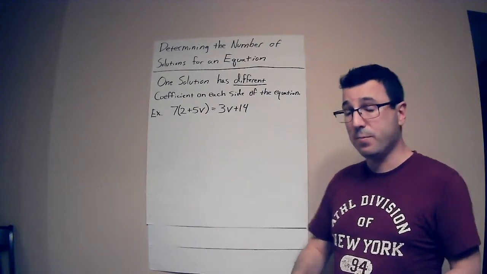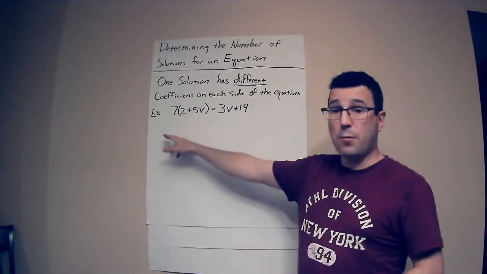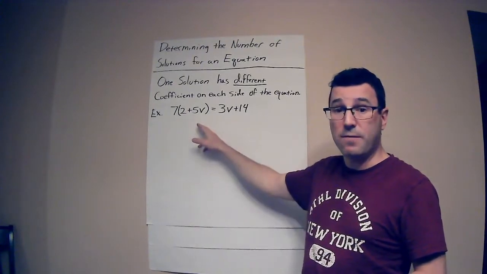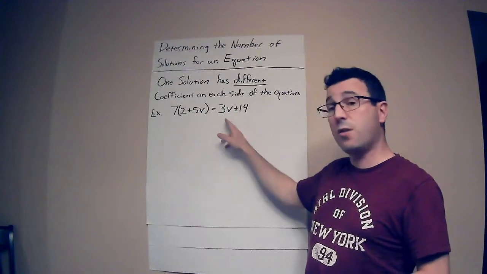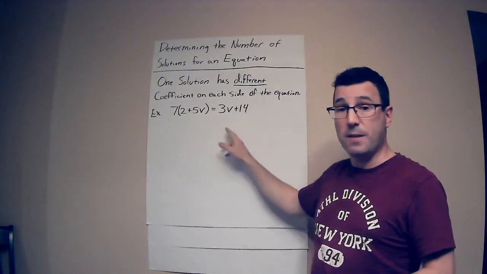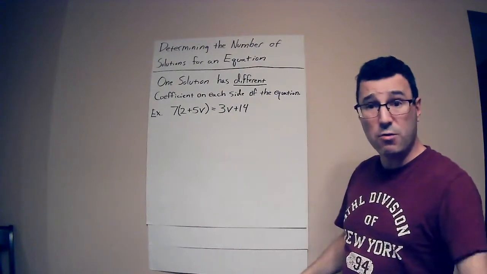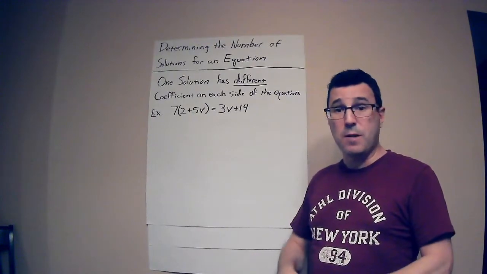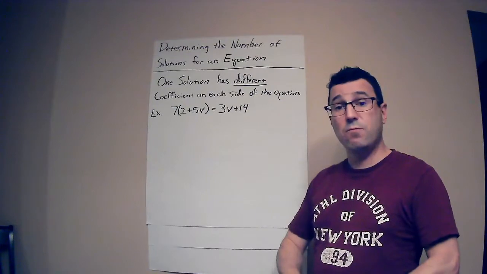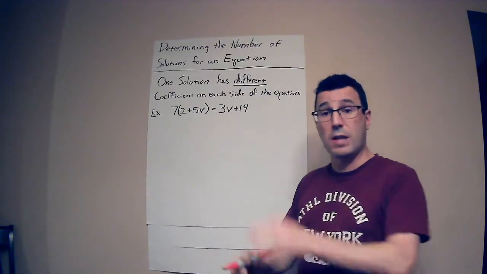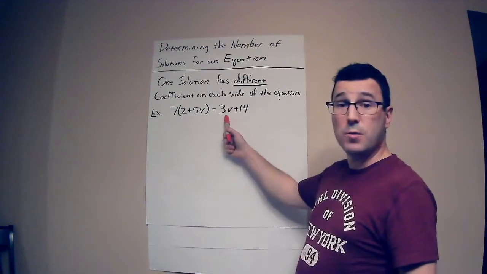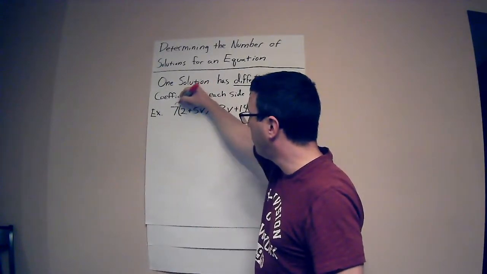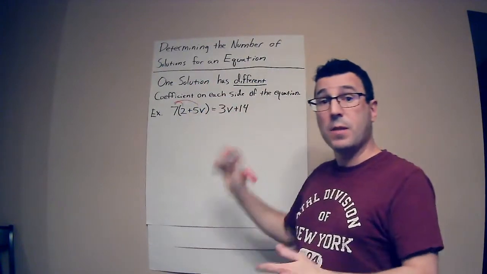In our example, we have 7 times the quantity 2 plus 5v equals 3v plus 14. So we have the distributive property. We're going to get rid of it and hopefully have two terms on the left-hand side. We already have two terms on the right, 3v and 14, but now we want to simplify the left-hand side.